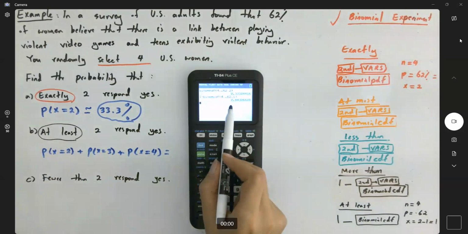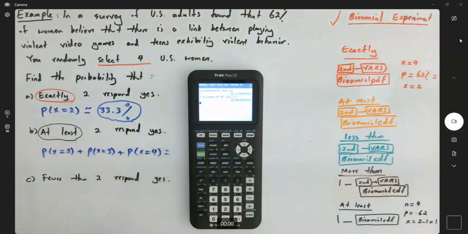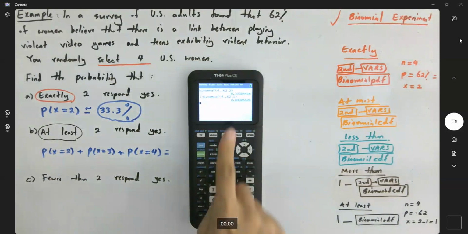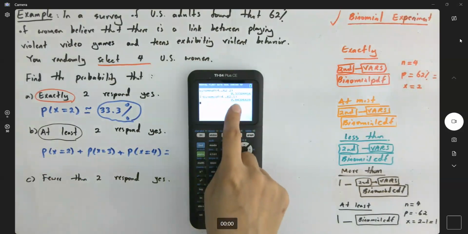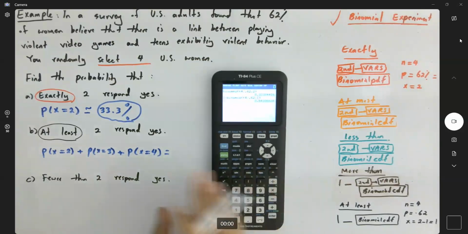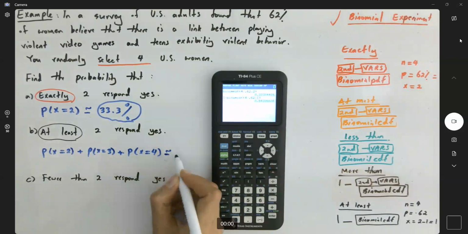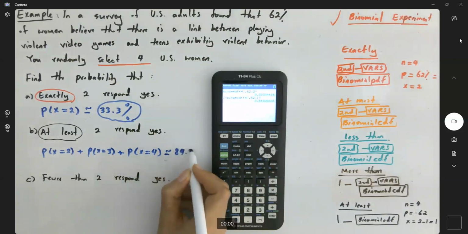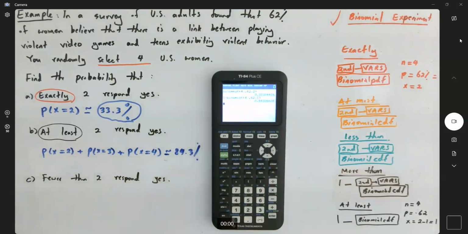It gives us 0.843, or approximately 84.3%.